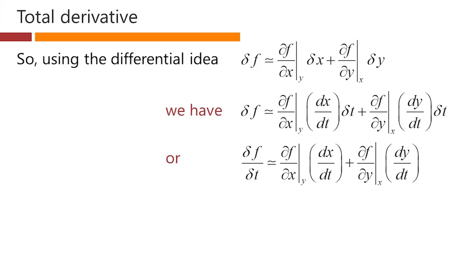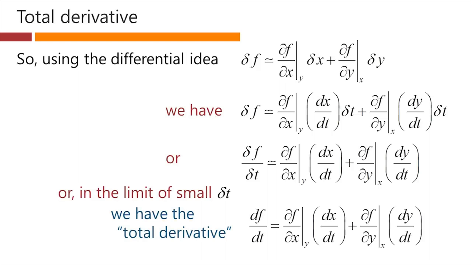Or equivalently, we could divide out by the delta t's, so delta f over delta t is given by partial df by dx at constant y times dx by dt plus partial df by dy at constant x times dy by dt.